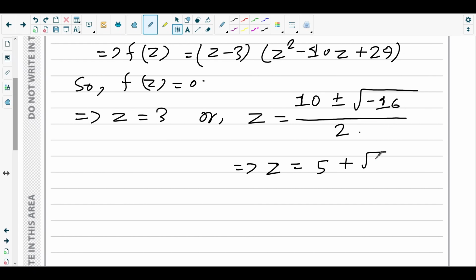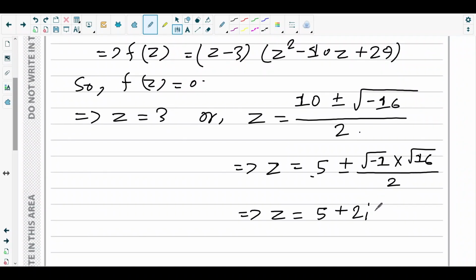We can write that as the square root of negative 1 times the square root of 16, over 2. The square root of 16 is 4, and 4 over 2 is 2, and the square root of negative 1 is i. So z = 5 plus 2i or 5 minus 2i.